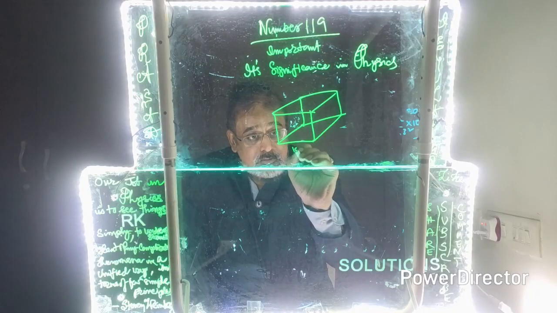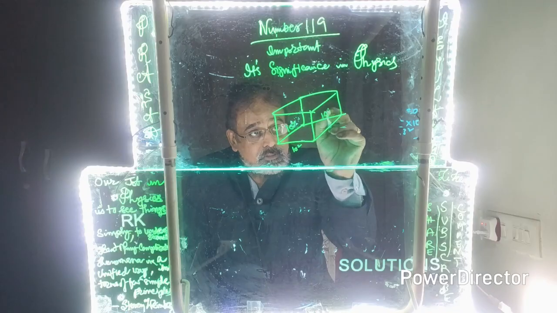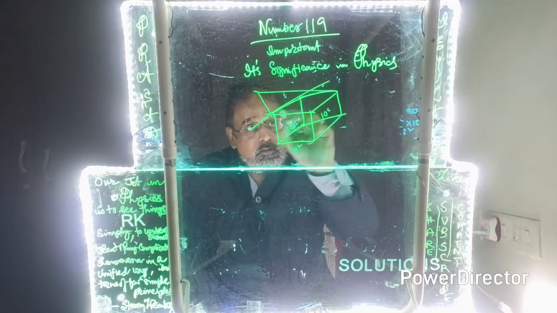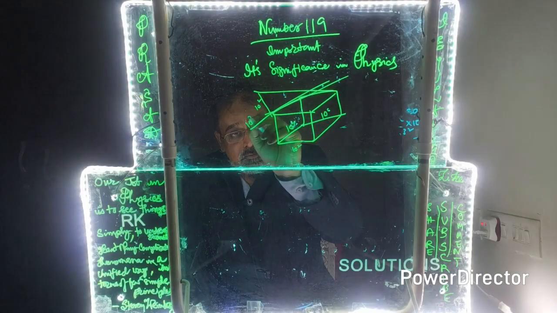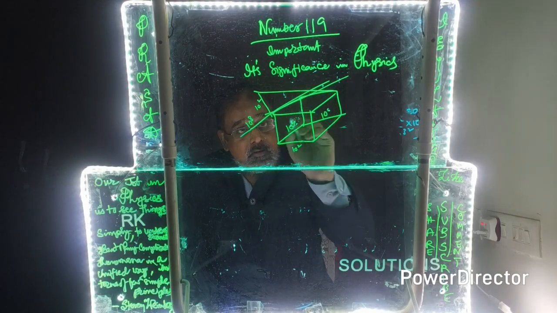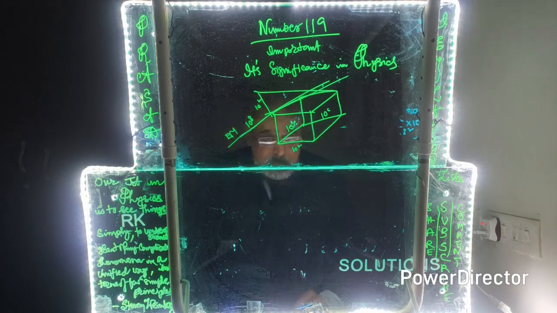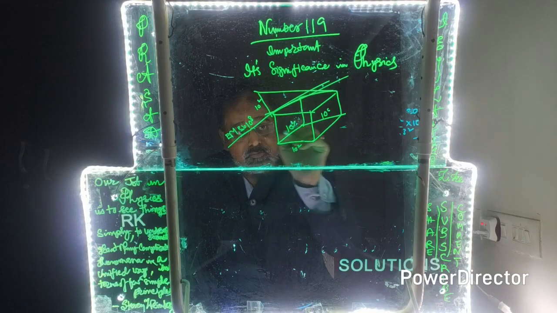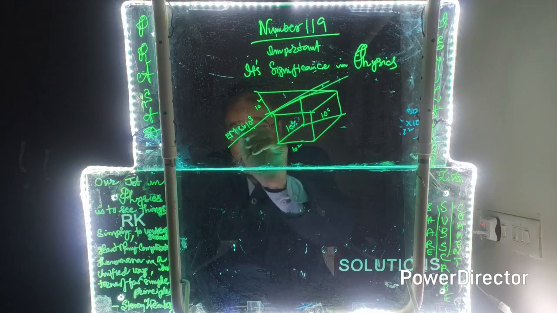This is 10 squared, 10 raised to 4, 10 raised to 6, and we took one more 10 squared here, making this 10 raised to 8. The electromagnetic field, right? 3 into 10 raised to 8 is the electromagnetic radiation, or c.